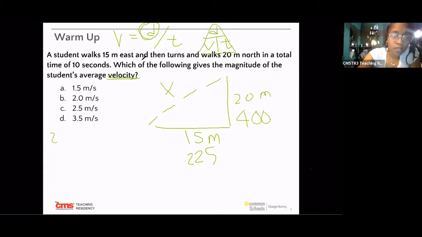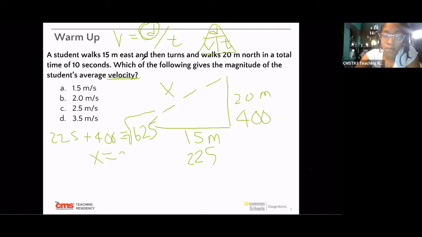So that means 225 plus 400 is equal to 625. And then to find our missing side, since this is a squared and b squared, 625 would be c squared. So to find what c is, you take the square root of 625, and our missing side is actually 25 meters.